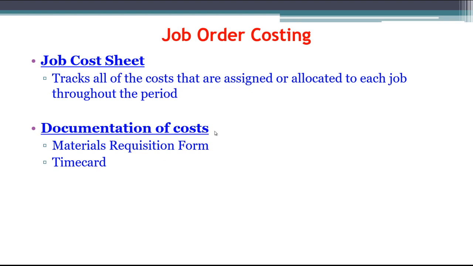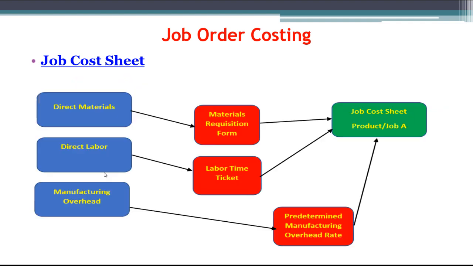So the documentation of costs for materials, we have something called the materials requisition form, which just means that the job, the foreman, the construction manager, whoever, requested materials to be put into this job. Yes, the materials were in the supply room before, now they're going to this job. There's a time card so people can track where they have spent their time, what job they've worked on.